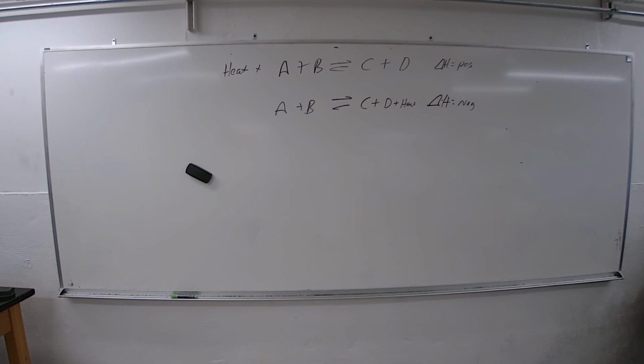How about this one? Yep. There's 2 moles of bromine gas over here, and 1 mole of bromine gas over here. So yeah, towards products. How about this one? This one, no change. Because there's 2 moles on the right and 2 moles on the left.